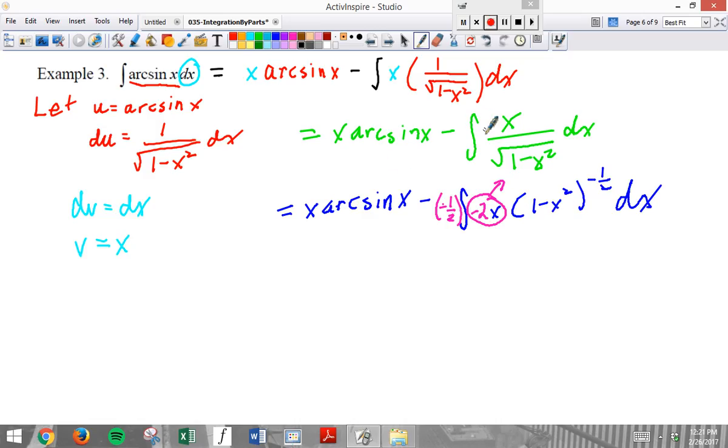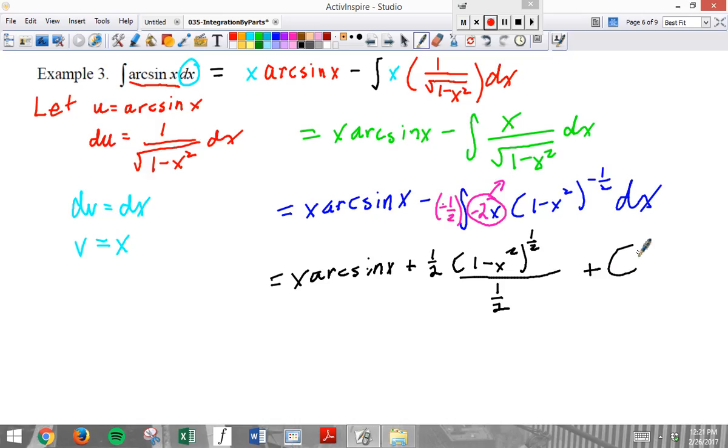So, all told, x arcsine x plus 1/2. I'm going to increase the power by 1. Negative 1/2 plus 1 is positive 1/2. And I do have to divide by the new power plus c.